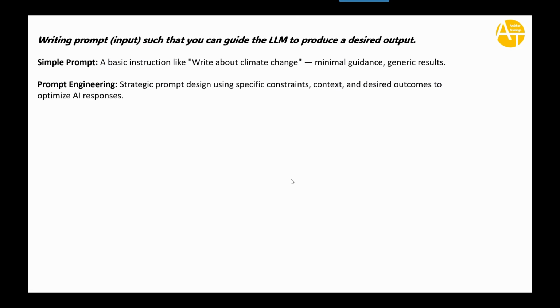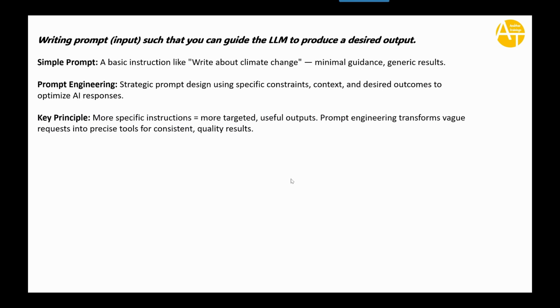It's a most critical component as an AI engineer. You should keep it in mind when it comes to designing the prompt. The key principle includes giving more specific instructions, where you would get more targeted and useful output. Prompt engineering transforms the vague request into a precise tool for consistent and quality results.